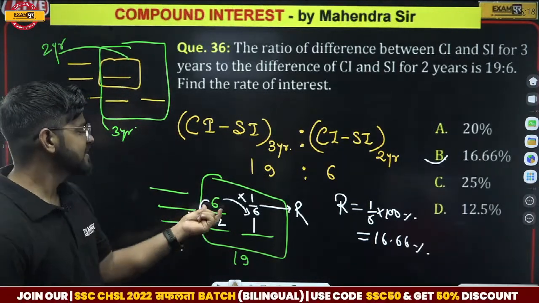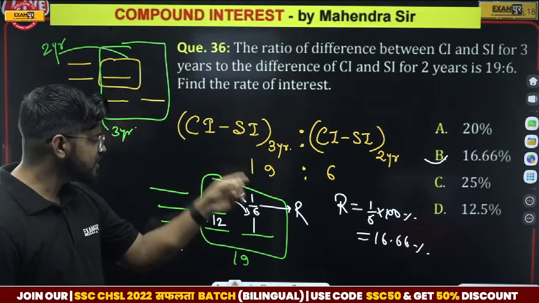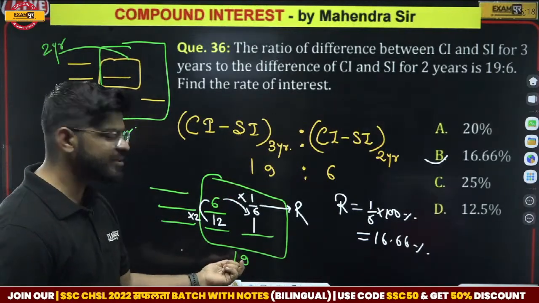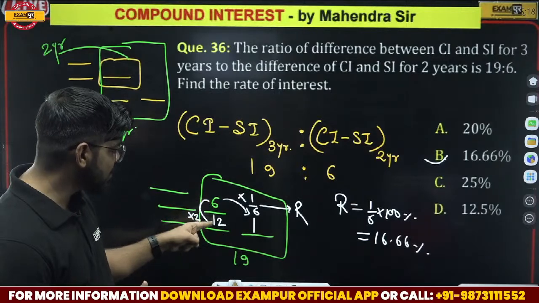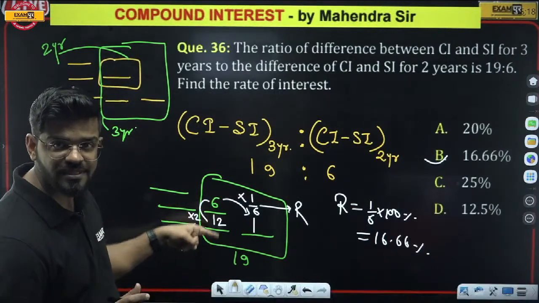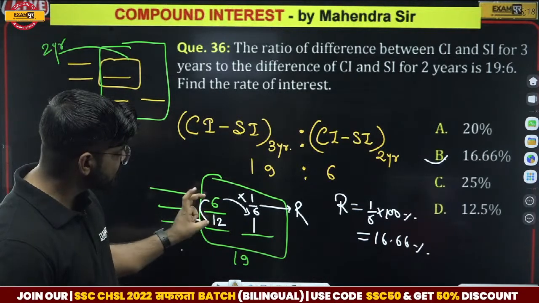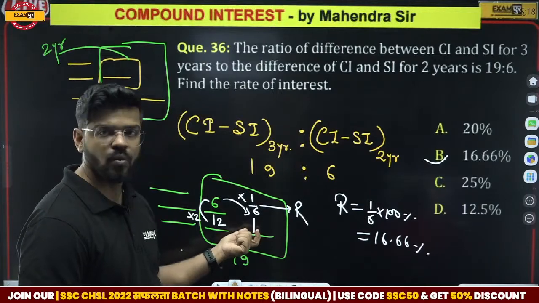So this is the CI-SI difference for 2 years, and this whole is for 3 years. So the 2 year value is 6, and for the whole it is 19 units. We know that if the rate of interest is same, this slab is double of the upper slab. So we double it, 12, 6, 18, and the remaining comes here. That means 19, 1 is here.